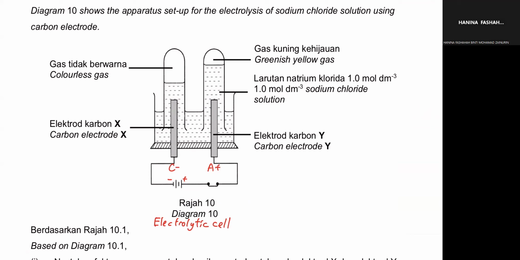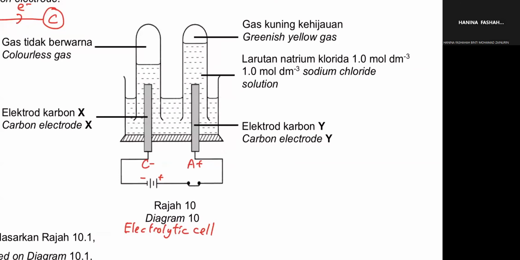This means the anode always transfers electrons to the cathode. So how does the flow go? The flow goes like this. Because in this case there is a battery, positive to negative, anode to cathode, the electrons go from anode to cathode.